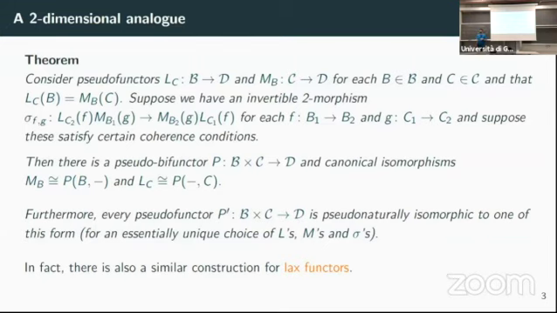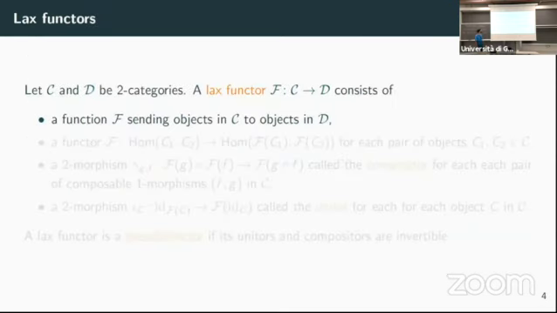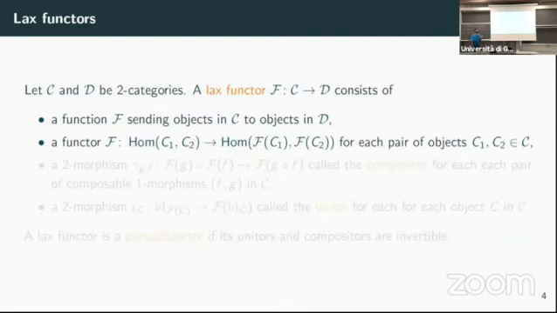Let me just recall what a lax functor is. If you have two 2-categories, a lax functor sends objects of the one to objects of the other. That's straightforward. Then it's functorial on the Hom categories, so it preserves composition of 2-morphisms strictly in the obvious way.